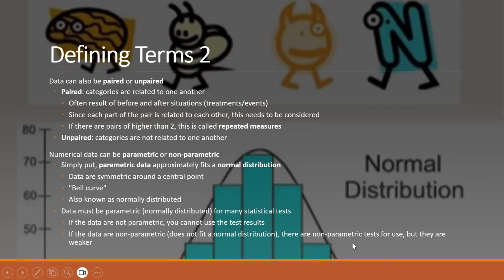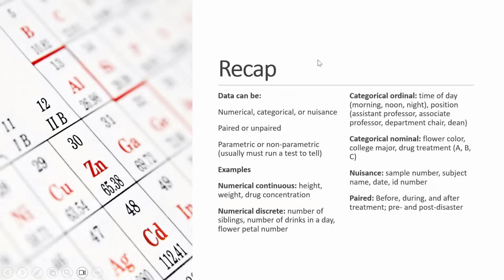And it's not normally distributed. So we will say the data is not parametric, and for that we will be using some other tests. The main purpose of defining is just to decide the test. So recap, the data can be categorical or numerical, paired or unpaired, parametric or non-parametric. We must run a test to tell.